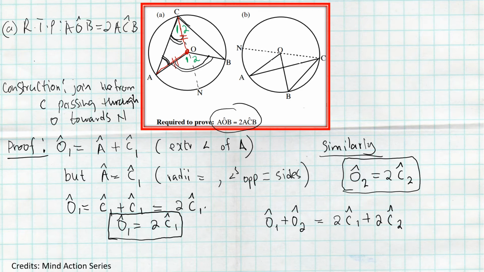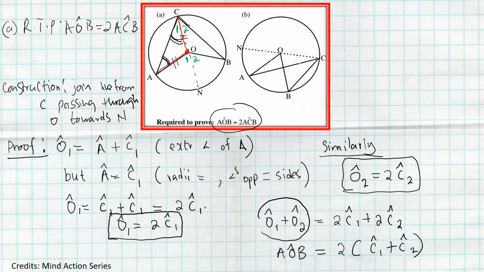Can you see? We can take out the common factor of 2, then we have angle C1 plus angle C2. Can you see?